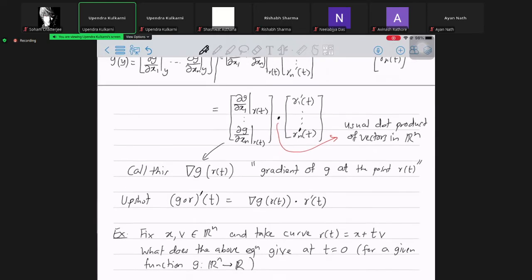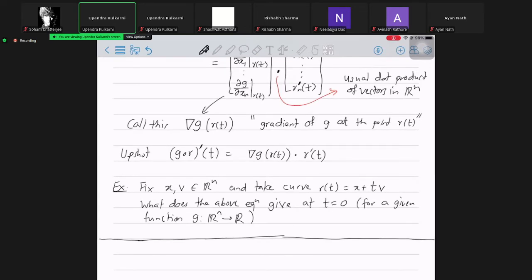So let's recall. In view of this, we will use the Euclidean norm on Rn and have Cauchy-Schwarz. What does it say?